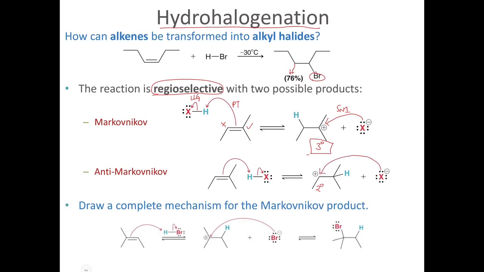When we have the nucleophile installed in the more stable position, the more substituted position, we call that Markovnikov addition. When you have that incoming group installed in the less substituted position, we call it anti-Markovnikov addition.